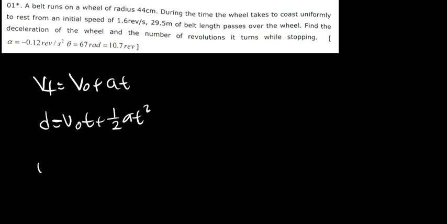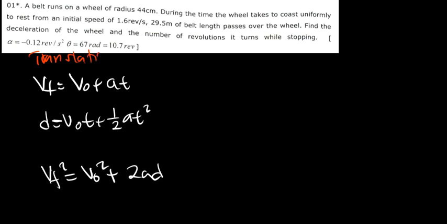Then v final squared is equal to v initial squared plus 2ad. This is what we call translational motion. Translational motion is the same as linear motion.